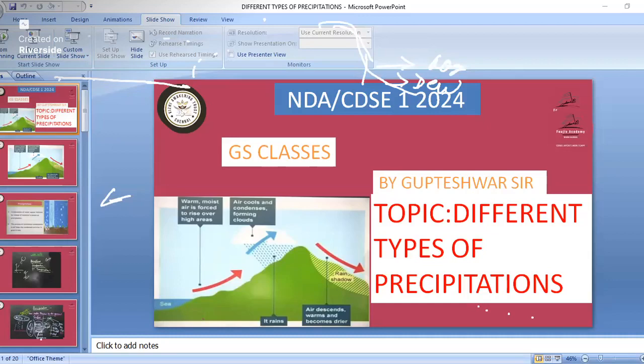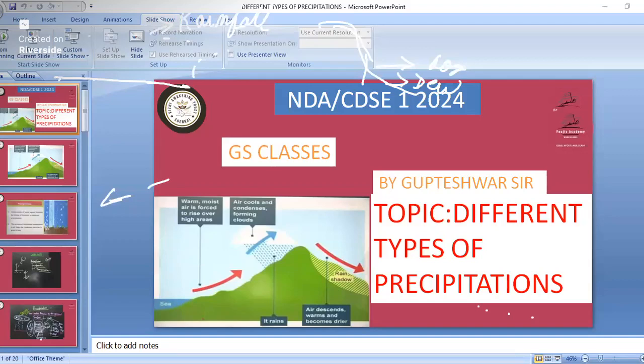For this we should not have rainfall. For this condition we should have a clear sky, a long and cold winter, and also a long night. And temperature inversion should be taking place.